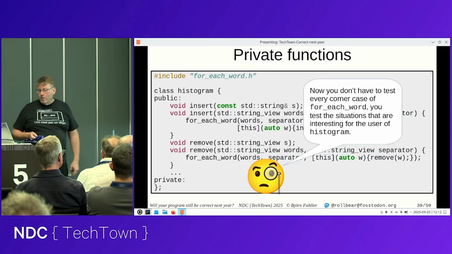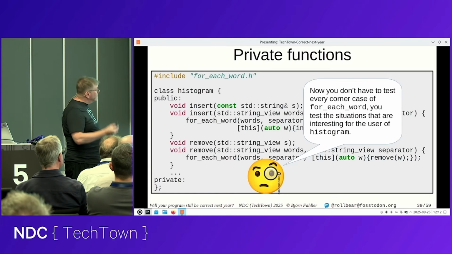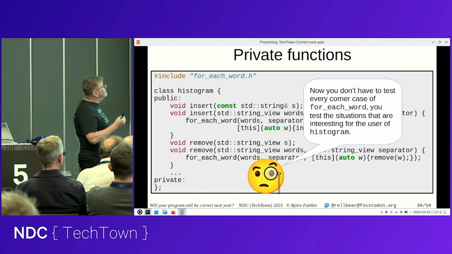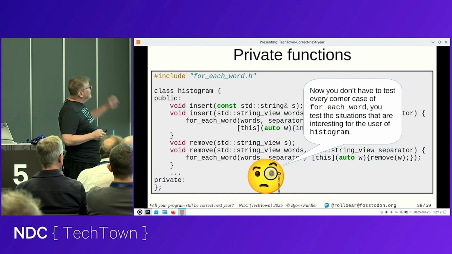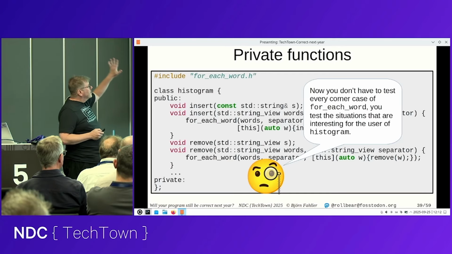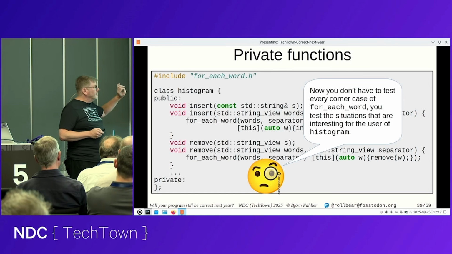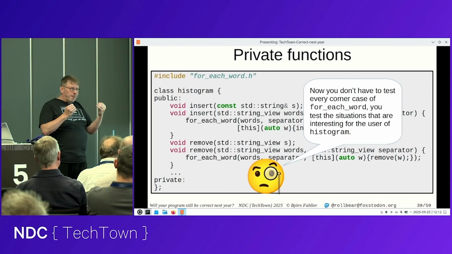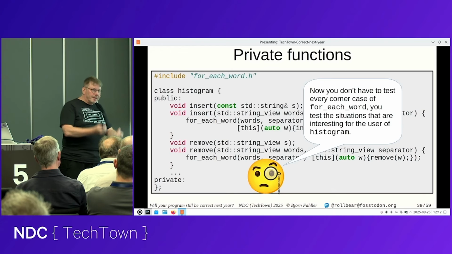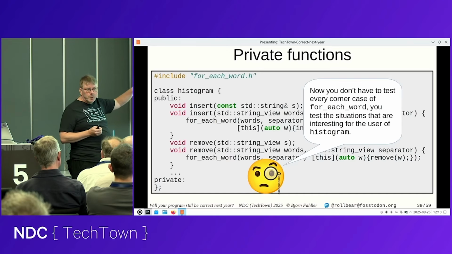So now we can write our insert as calling for each word. And here's where this presentation is not as good as I would have liked it to be. So what happens here is you now have to write a test for histogram that covers what is interesting in the view of the functionality of histogram. You don't have to test every corner case for each word.